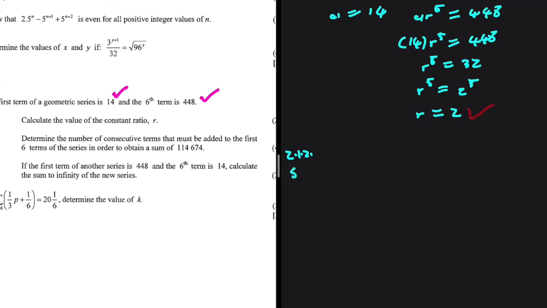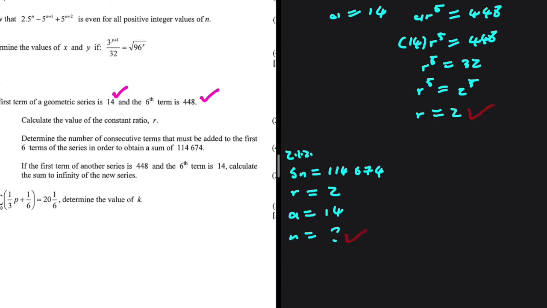Right, so we have a sum Sn which is equal to 114,674. We have a common ratio which is equal to 2. Our first term is equal to 14. And we can find the number of terms that will give us a sum of 114,674.